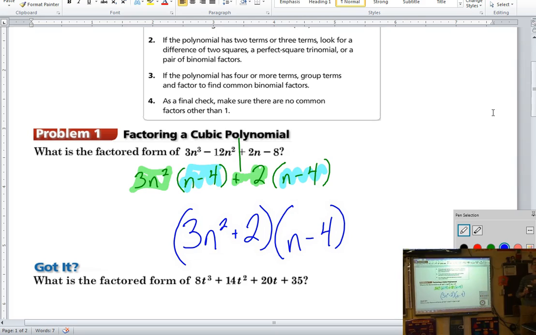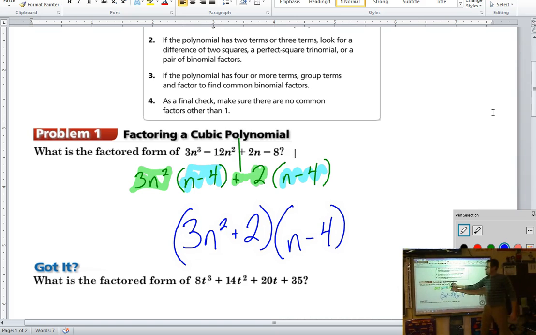Lynn, what's up? So, how did you turn 3n to the third to 3n squared? So, if we think about this as like two different polynomials that we then add together, let's break this up and look at each polynomial separately.